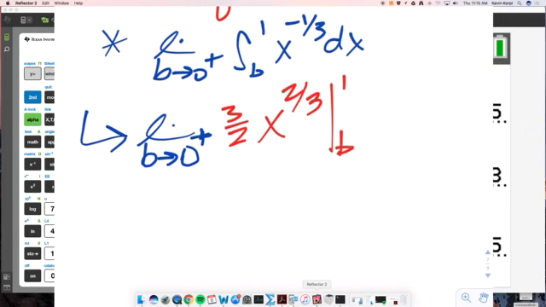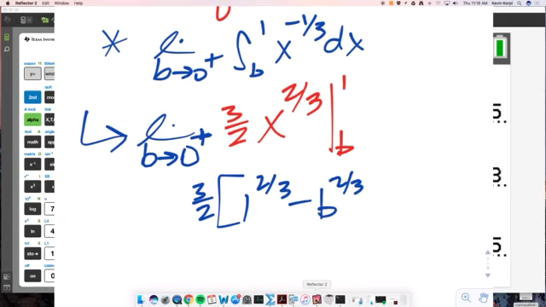All right, so we're going to evaluate the way we know how. 3/2, beefy bracket, 1 to the 2/3 minus b to the 2/3. And then the limit is still out front. So we're now evaluating the piece that has the value of b in it. We're approaching from the right, but for a limit, we use direct substitution. What do you get when you plug a 0 in for b?